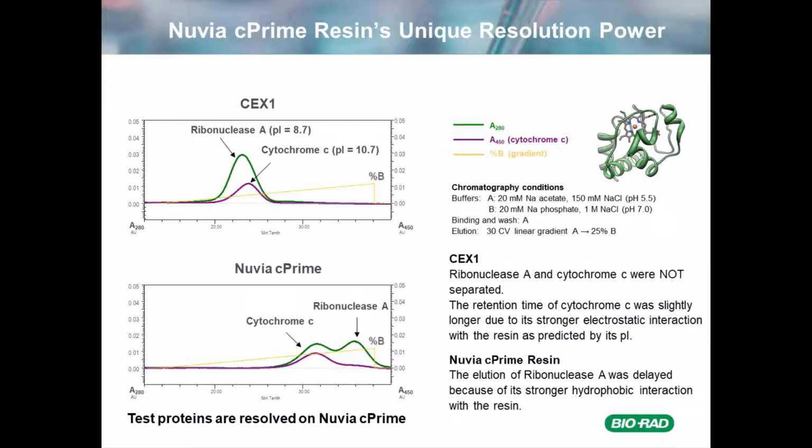Using the same gradient of buffer A and B, now we see two peaks. Again, looking at the 450 absorption, we know that cytochrome C actually elutes a little earlier from Nuvia C Prime, and the ribonuclease A elution is delayed due to a stronger hydrophobic interaction with the resin. So these two proteins are resolved on Nuvia C Prime.